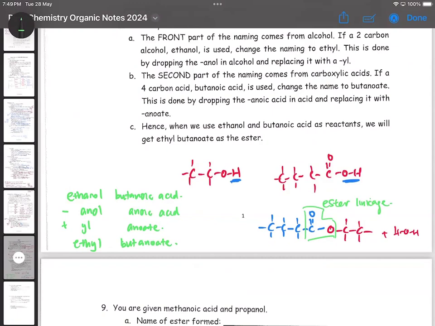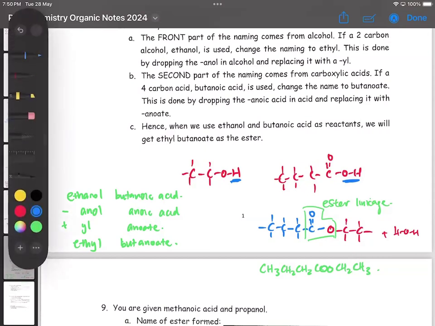Number one, just follow exactly: CH3, CH2, CH2, COO, CH2, CH3. It can be written this way. The advantage of writing it this way is you know exactly how the atoms are arranged in the structure.